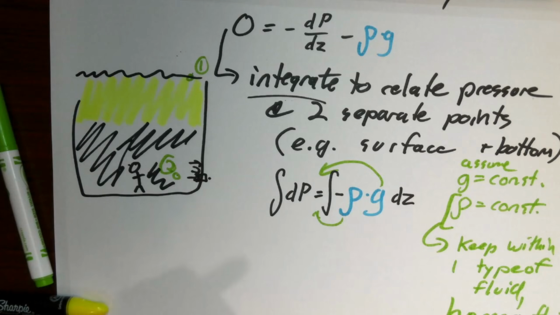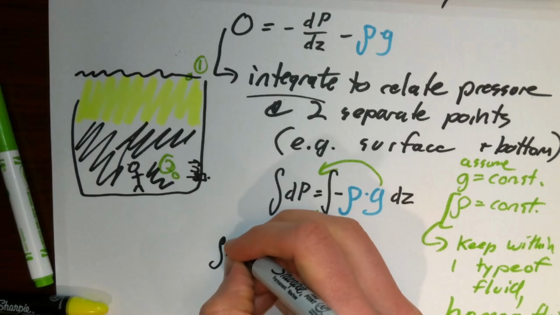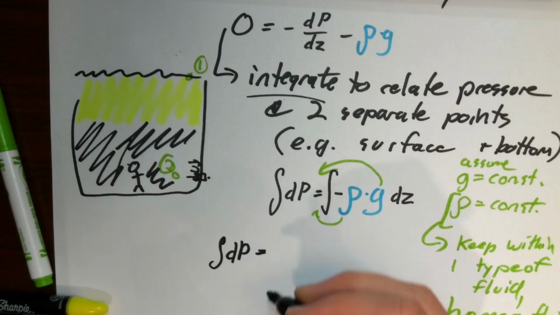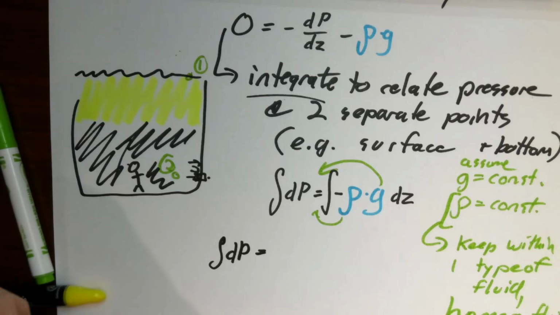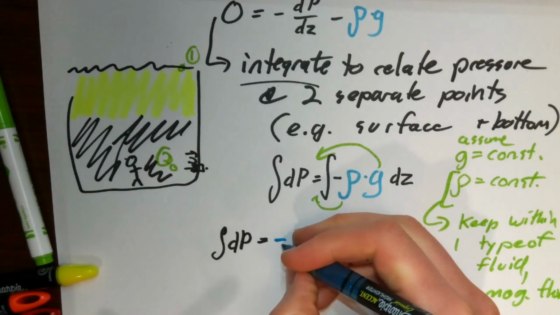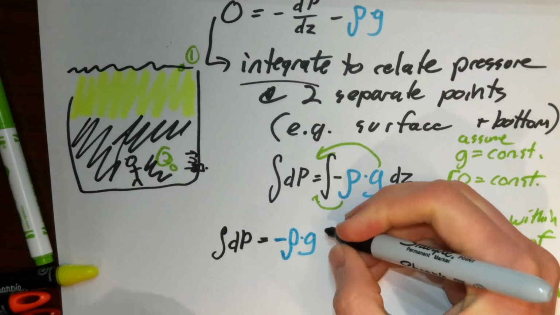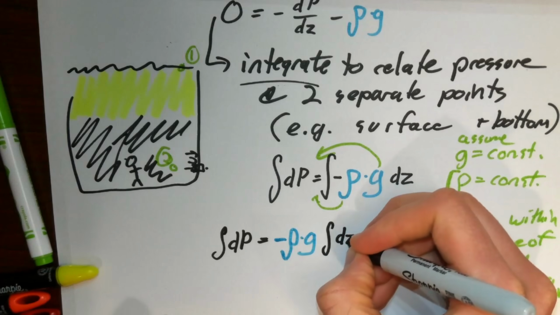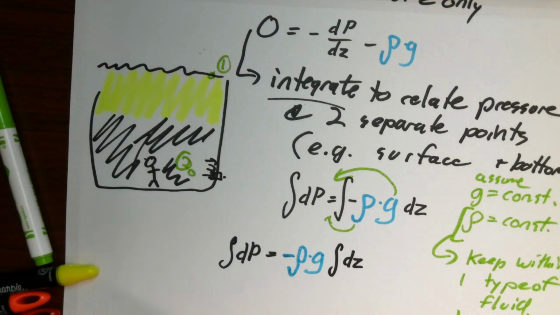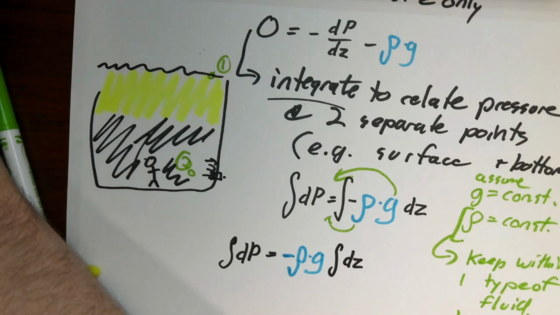So let's do that. So now we have this integral dp is equal to minus rho g times the integral dz. All right, now we've made some progress.